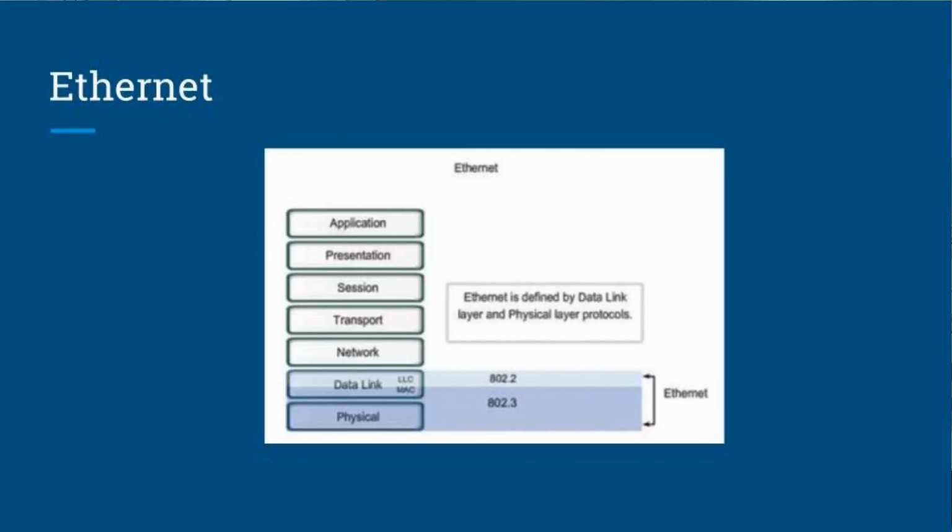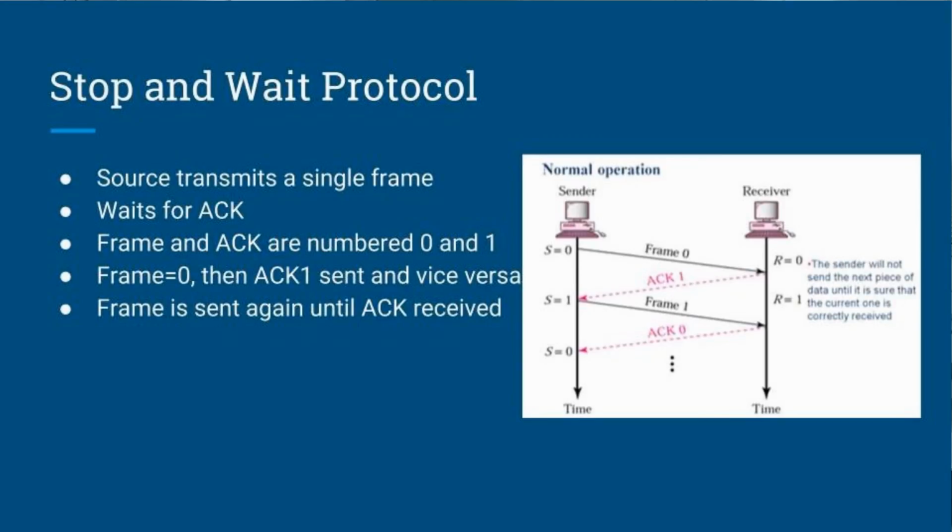The next protocol we will look at is the stop-and-wait protocol. This protocol transmits a single frame at a time between the sender and the receiver. For this protocol, if the frame sends 0, then for it to make sure that it was received, the acknowledgement, or the ACK, as you can see in the slide, will have to send a 1 back.